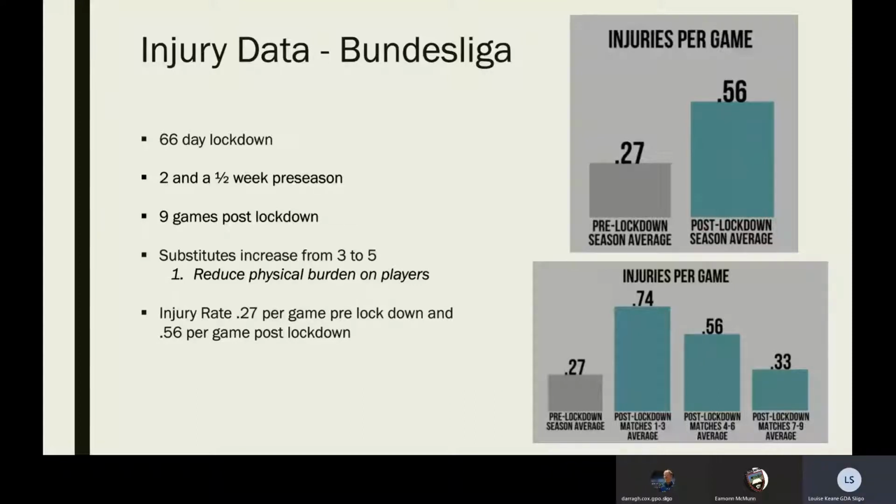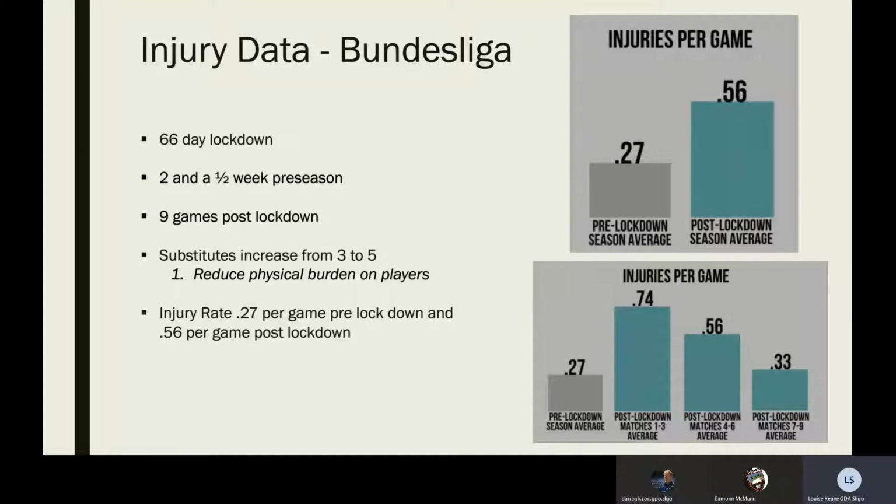They've actually finished those 9 games, so the data we have from the Bundesliga is a full tournament post lockdown. What they did to reduce the physical burden on players was increase subs from 3 to 5. What we've seen in the numbers is that pretty much all 18 teams have taken advantage of that and used more than 3 subs.